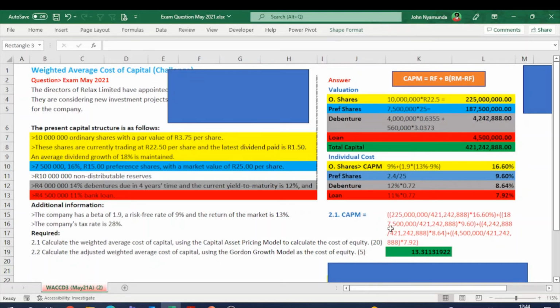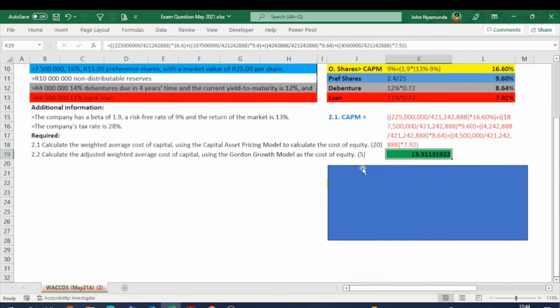So if we add all that, it gives you 13.3111. 20 marks in your bag. Can you believe it? But since you want to get a distinction, you also need these last 5 marks. You can't leave anything to chance.